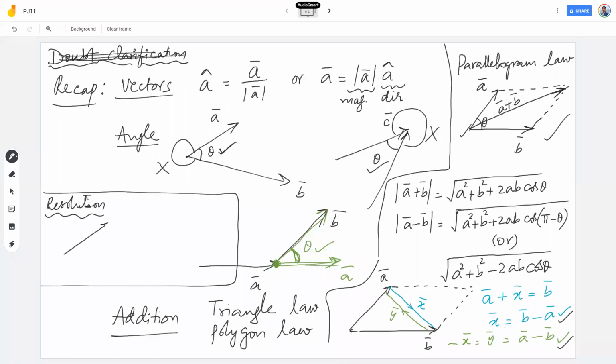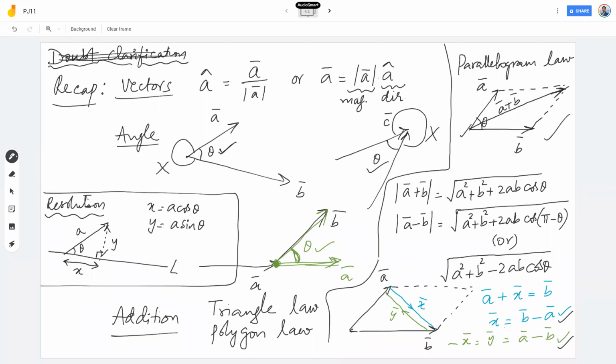If there is a vector of magnitude a and a random line L, and the vector makes an angle theta with the line L, then the vector can be resolved into two components: one along L, which I call x, and the other perpendicular to L, which I call y. And we already saw that x is equal to a cos theta, y is equal to a sin theta.